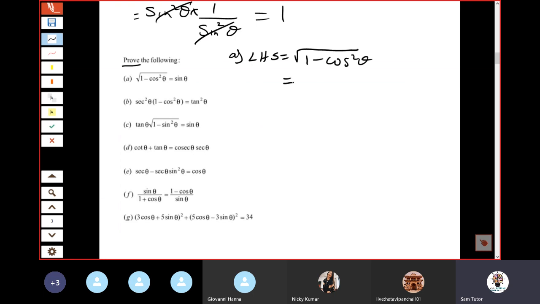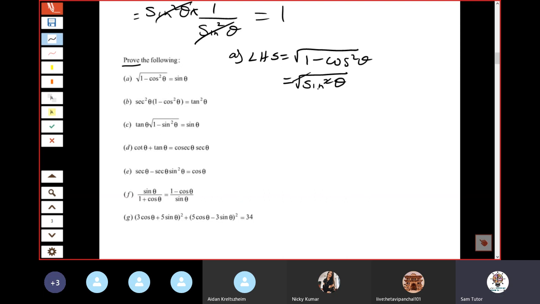What do you know? Sine squared theta, correct. And then you take out the square root, because the square and the square root cancel each other out.